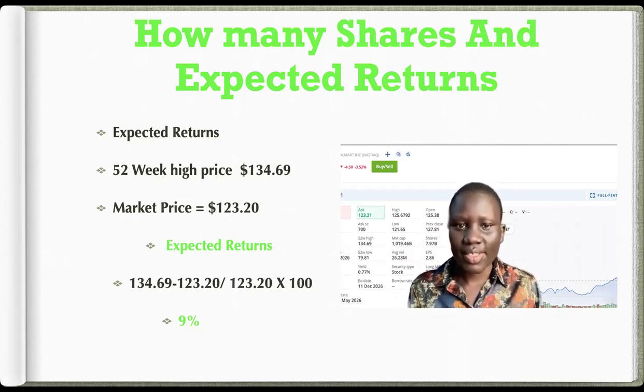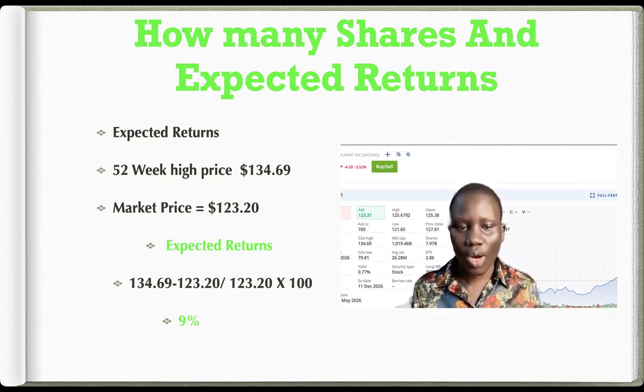That 134 is historical information that we can use as a reference to see what we can expect in the future. If we buy at 123.20, we are expecting that we can make a profit of maybe 9% or something like that.